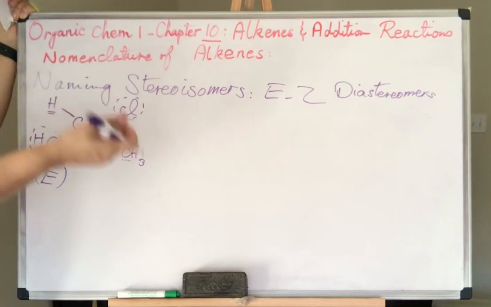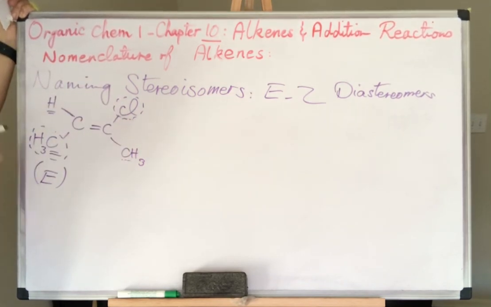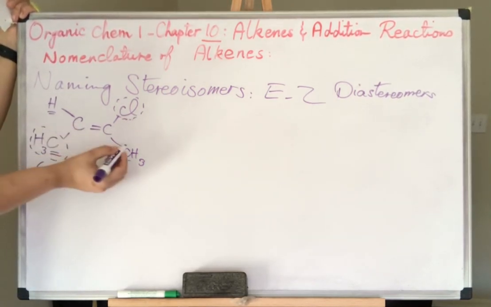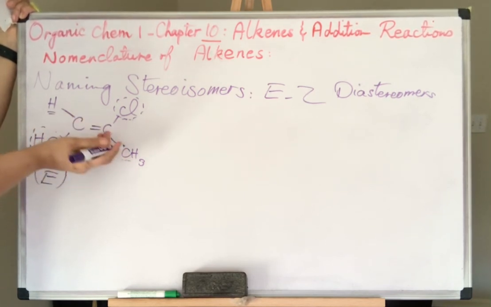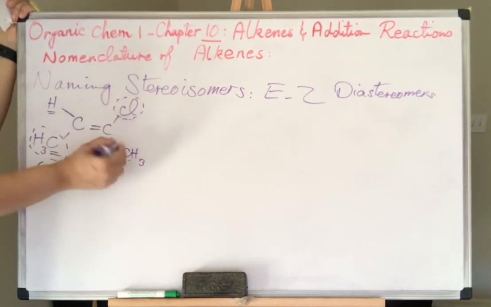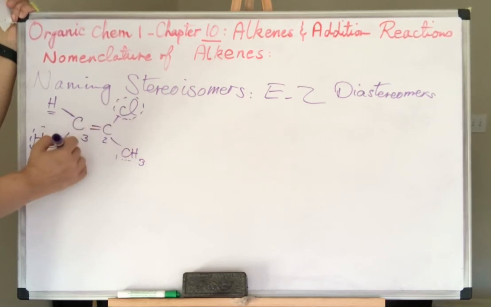You have more complicated groups. So you call it E and you go ahead and number the same way that you learned and name it. So 1, 2, 3, 4. We start closer to the chlorine. 1, 2, 3, and 4.